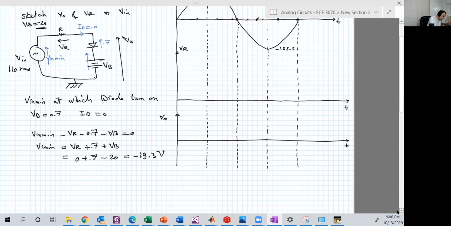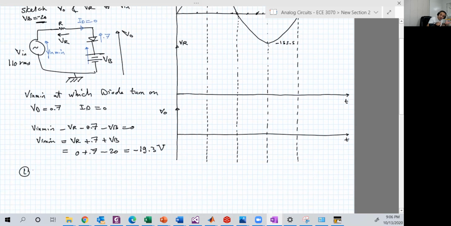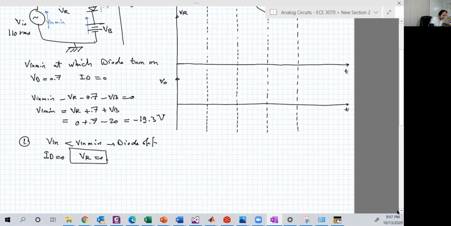What I mean by that is, we have two cases. Number 1: when V input is less than V input minimum, the diode is off, ID is equal to 0, VR is equal to 0, which is required to be sketched or plotted in that question.